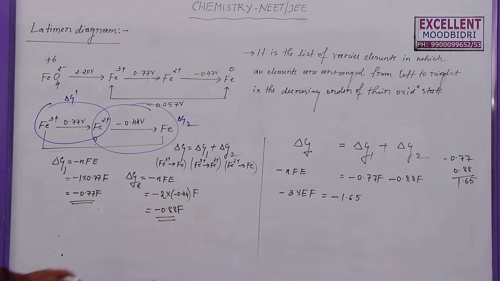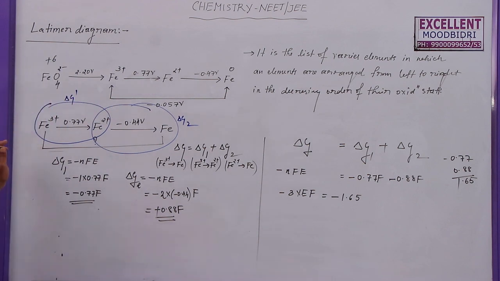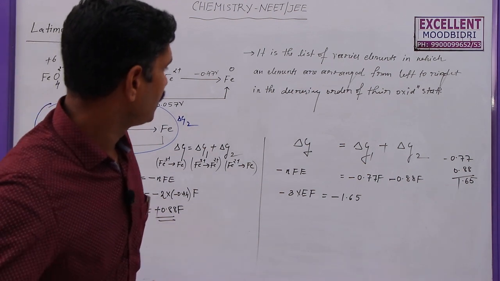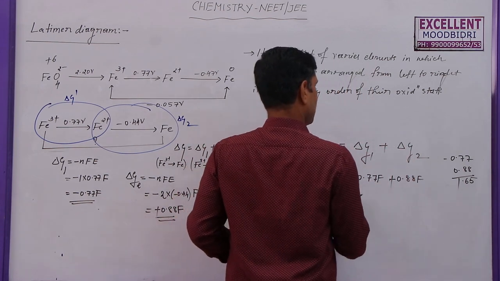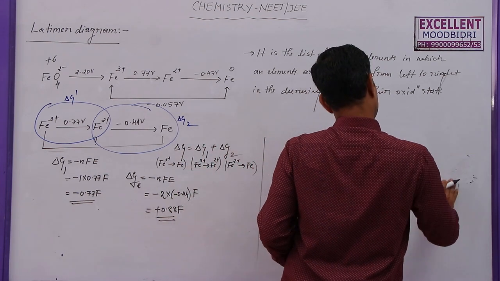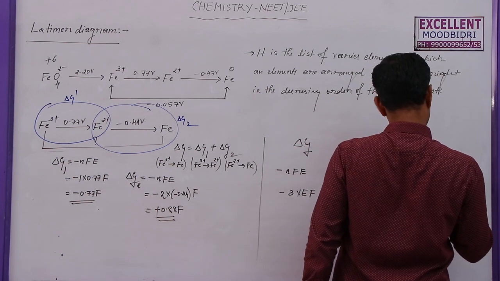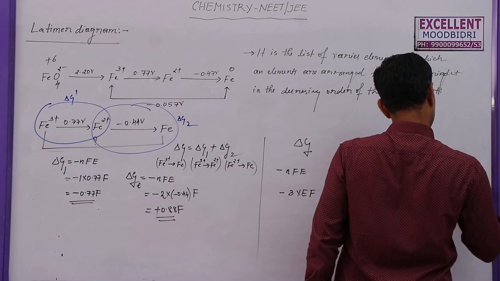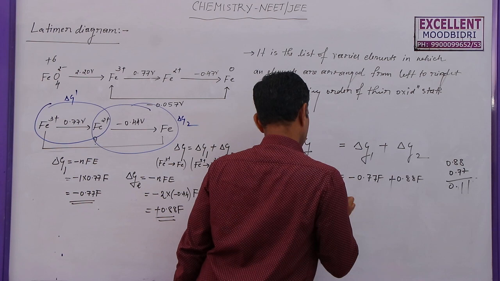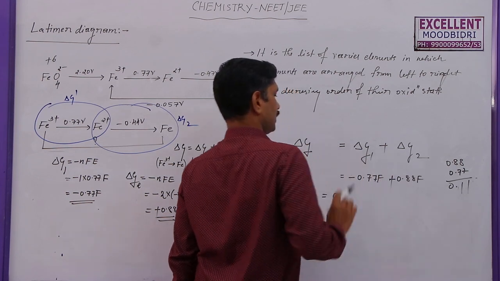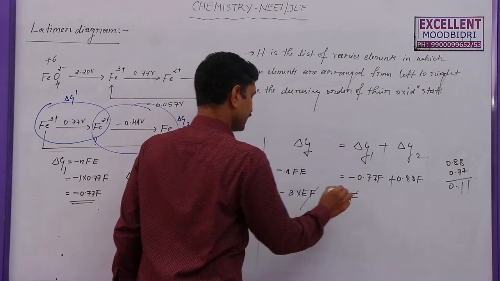Sorry, there is one change here. Here actually it is minus, here it is plus. So that's why there is one change: this one is actually plus, not minus. Then you have to subtract it. Subtract 0.88 from 0.77, so you get plus 0.11 F. So F gets cancelled here.